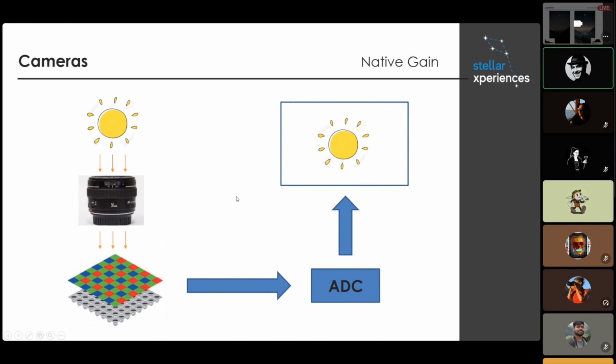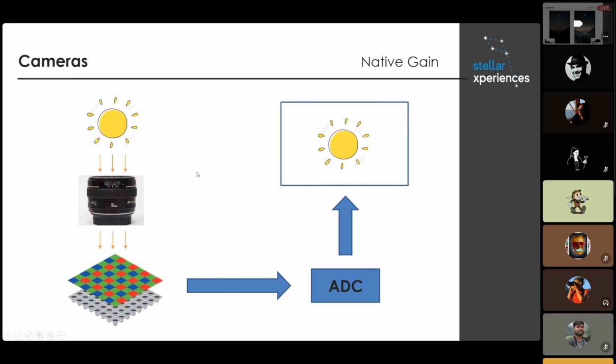Once you dial your camera from 100 to 200 ISO, you don't increase the size of your pixels by 2, or you don't increase the number of photons that hit your sensor by 2.